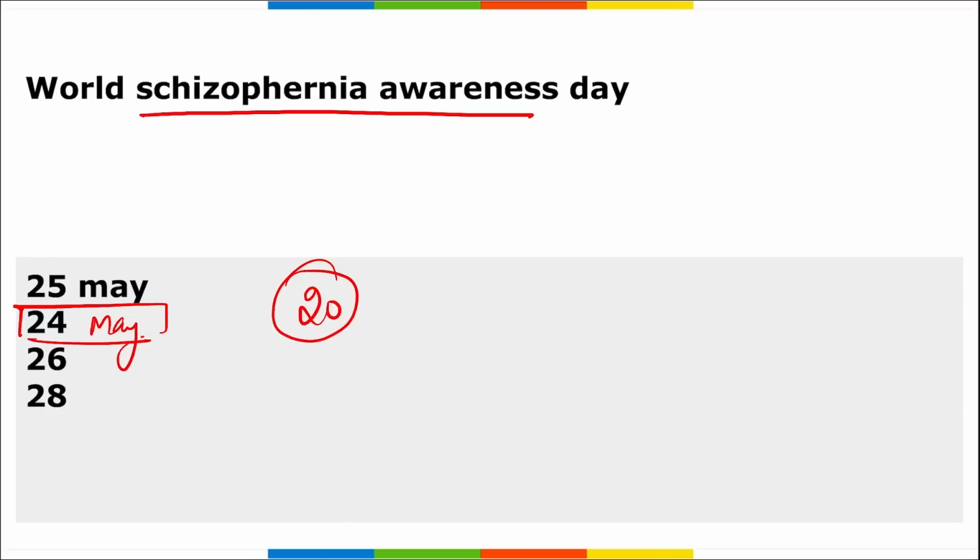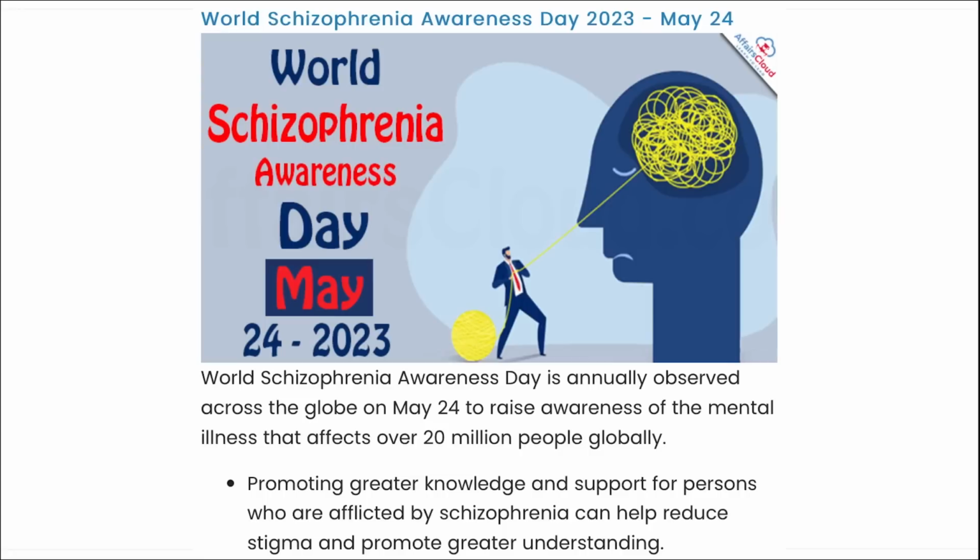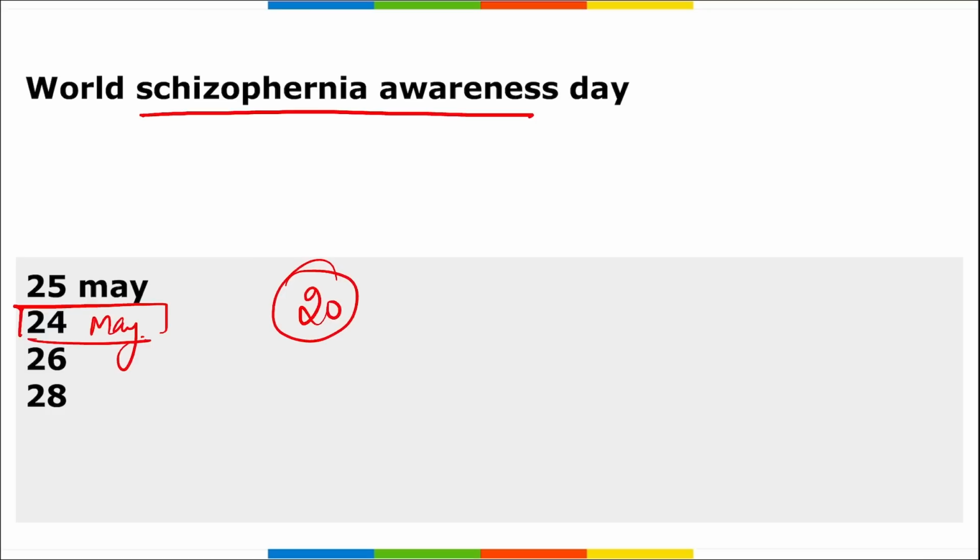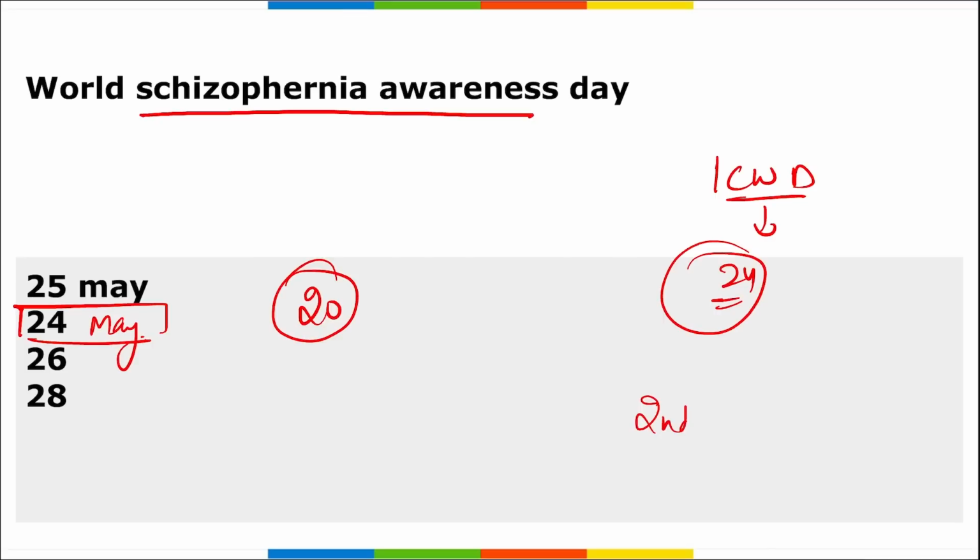Next is your Indian Commonwealth Day. Remember, Indian Commonwealth Day is observed on 24th of May in 2023. Generally, this day is observed on the second Monday in the month of March. But in India and certain other countries, it is observed on 24th of May.